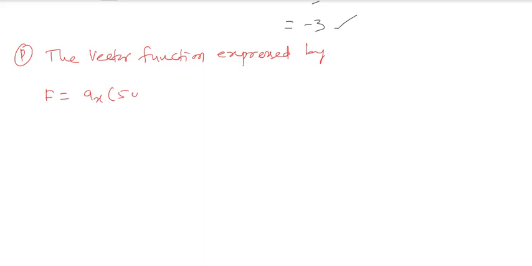The vector function expressed by f is equivalent to ax into 5y minus k1z, plus ay into 3z plus k2x, plus az into k3y minus 4x.